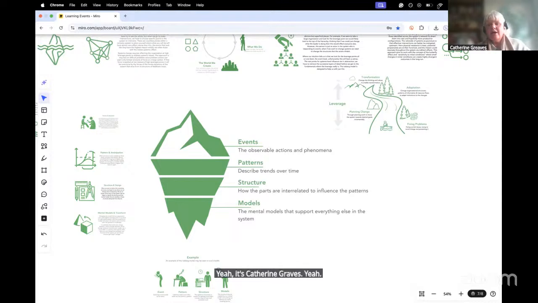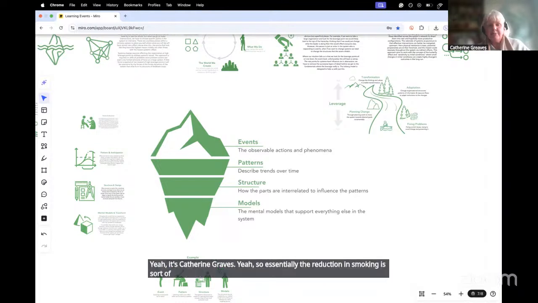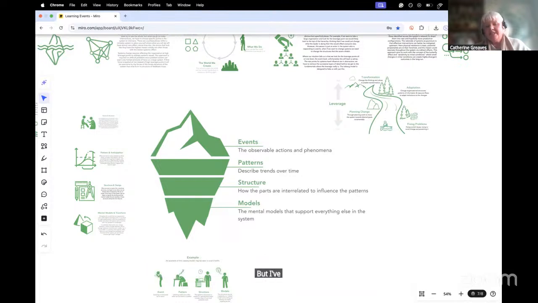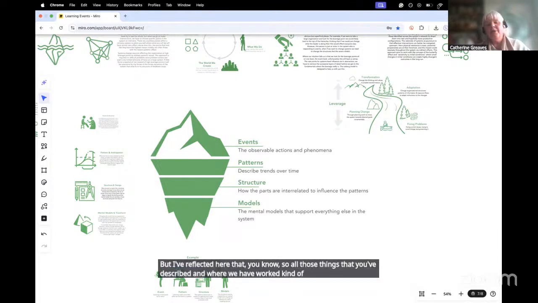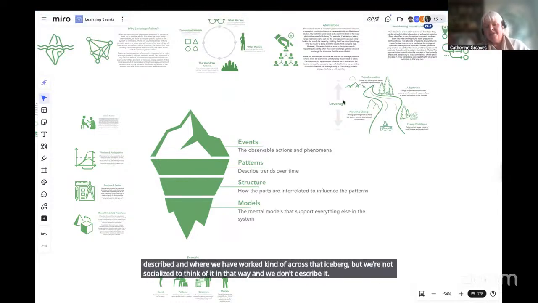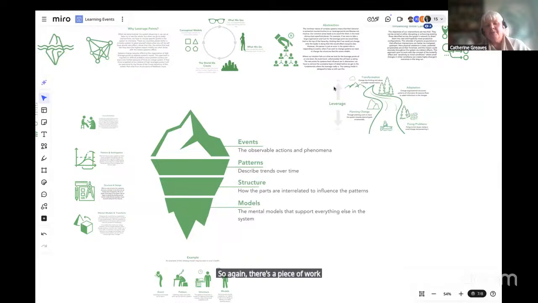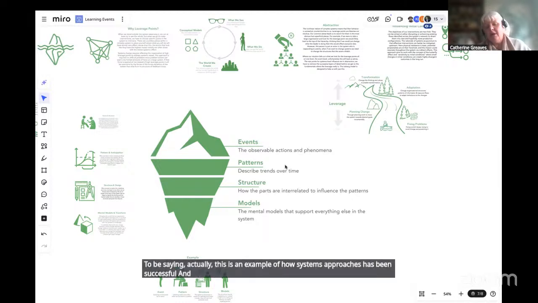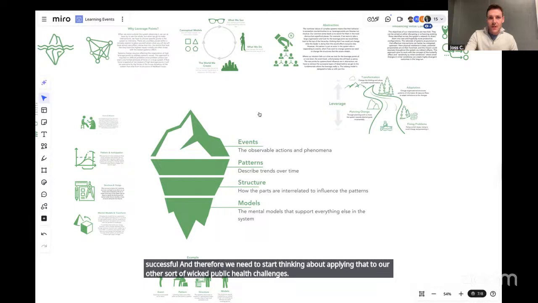So essentially, the reduction in smoking is sort of led by public health practice. But I've reflected that all those things that you've described, where we have worked across that iceberg, we're not socialized to think of it in that way, and we don't describe it. So that's a piece of work I think we need to be doing amongst our public health colleagues, saying, actually, this is an example of how systems approaches have been successful, and therefore we need to start thinking about applying that to our other wicked public health challenges, such as obesity.